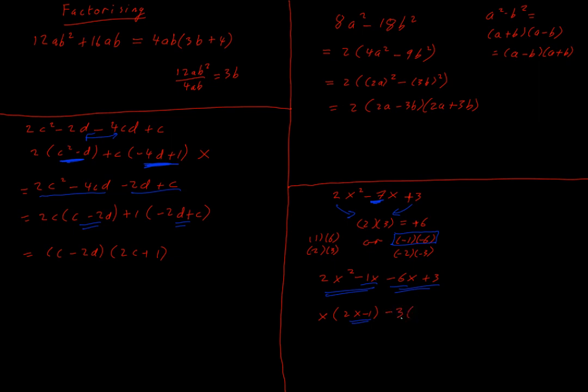I end up with minus 3 by what gives me minus 6x, it's 2x, and minus 3 by what gives me plus 3, minus 1. So now I find that my second bracket is the same as my first, so I have a common factor, 2x minus 1, and then x minus 3 is my remaining factor.